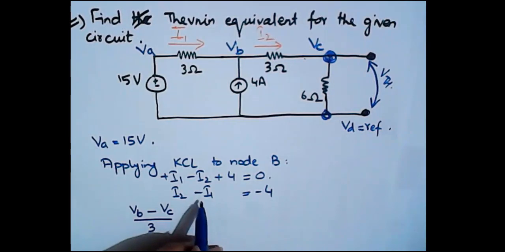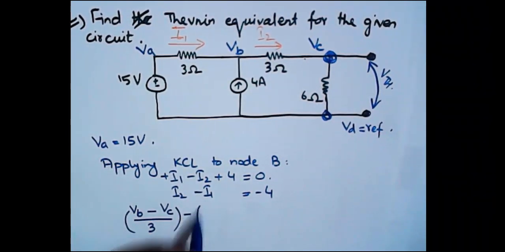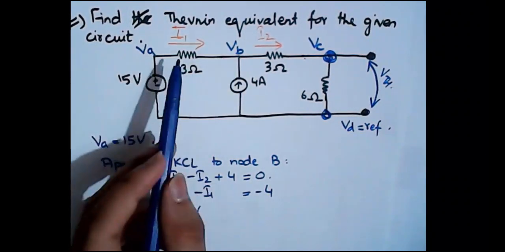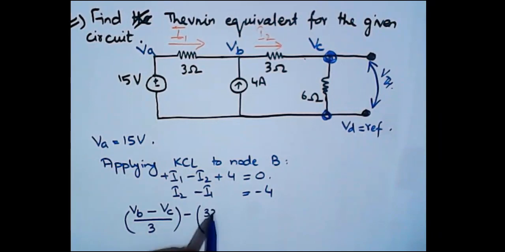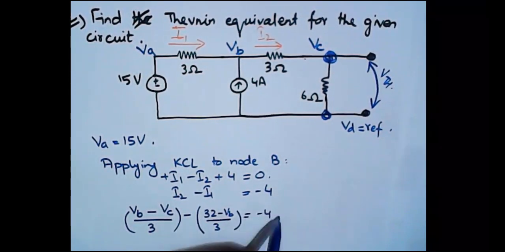And how can we represent I1 in terms of the voltages? Minus, it is leaving node A, which is 32 minus VB divided by 3. So 32 minus VB divided by 3 is equal to minus 4.